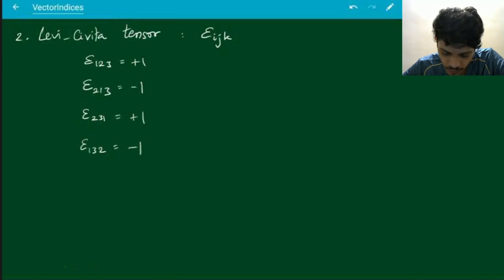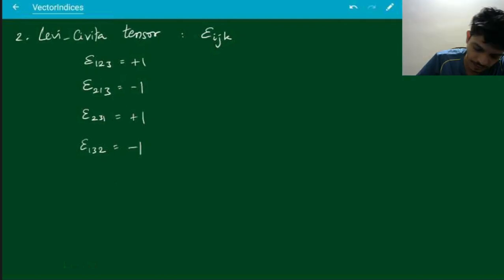There should be 6 combinations total: 1, 2, 3, 1, 3, 2, 2, 1, 3, 2, 3, 1. Let's try and bring 3 first. Let's interchange the first two, so it becomes 3, 1, 2. So this becomes plus 1. And now I'll interchange the last two, so it becomes 3, 2, 1, which is minus 1.